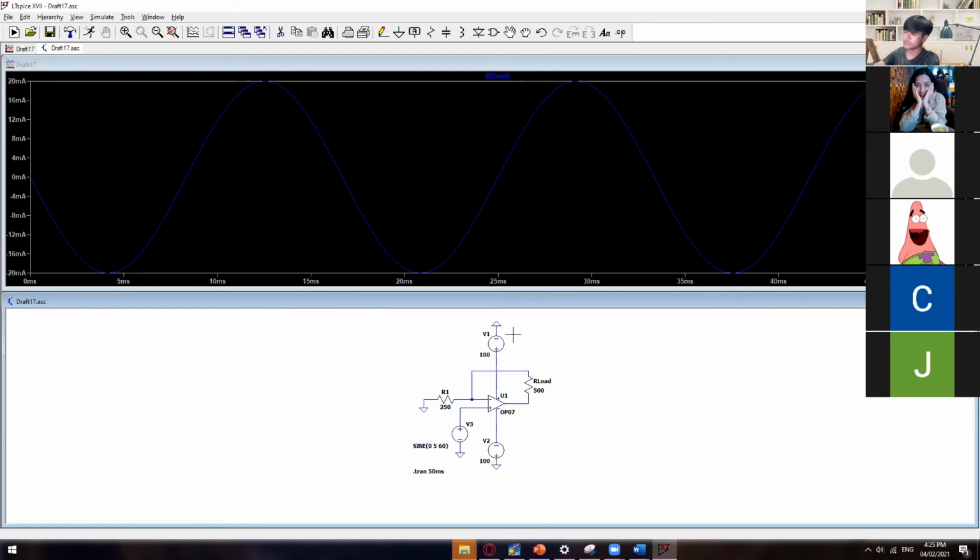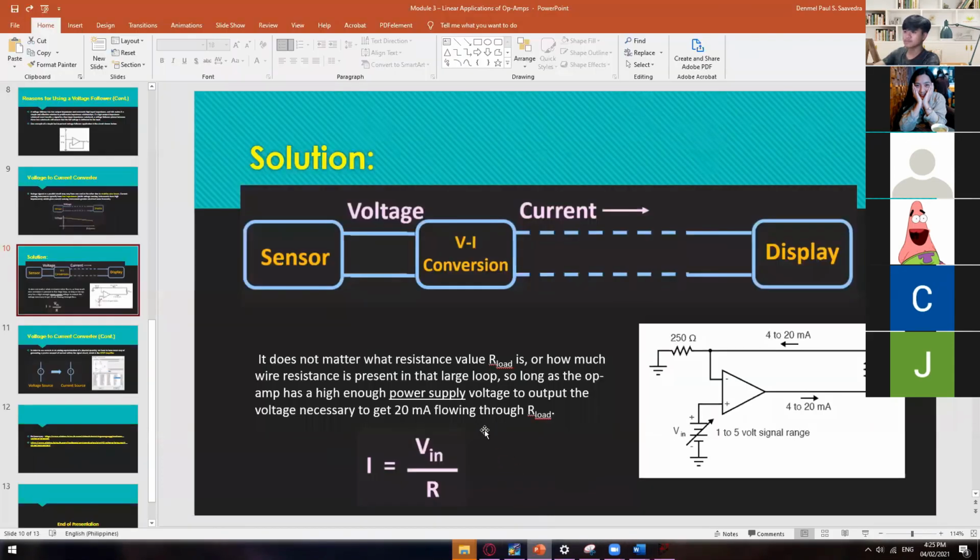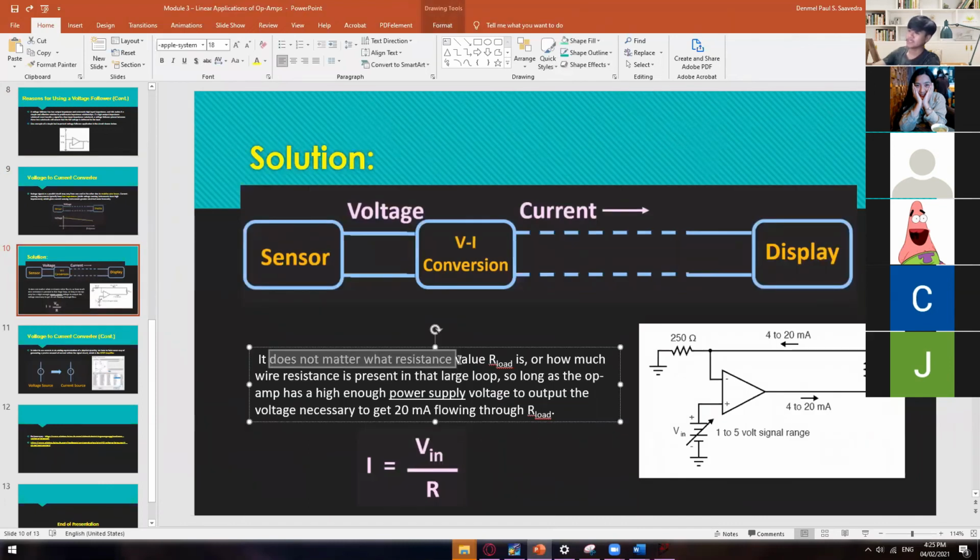So there's still no changes. So as you can see, it does not matter what the resistance value of the R load is. As long as you have enough supply on your amplifier, then it will give you the maximum current from your voltage input or voltage source. So 5 volts, it can provide up to 20 milliamps.